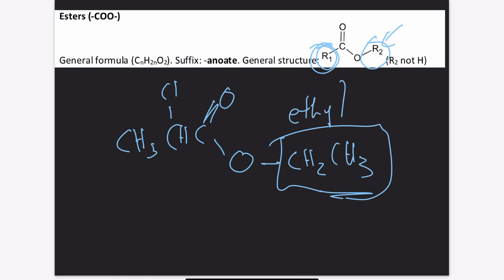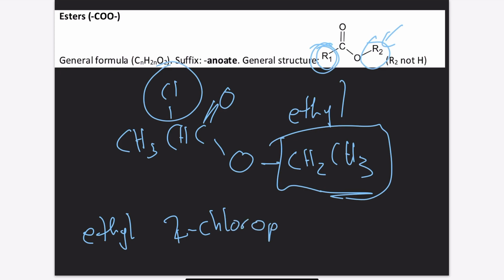Over here we have a Cl, so that's a chloro. So that's going to be an ethyl space chloro, but it's going to be 2-chloro, and it was propanoic acid, so it's going to be propanoate. So ethyl space 2-chloropropanoate.